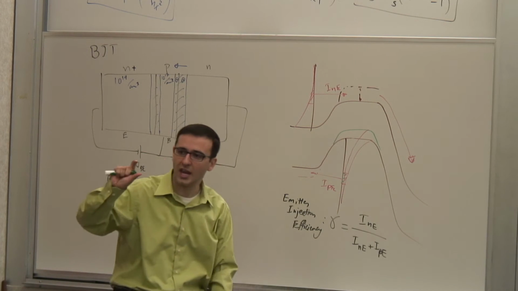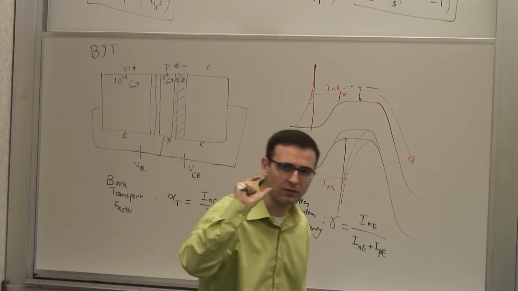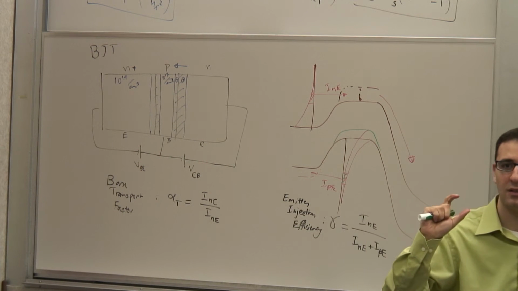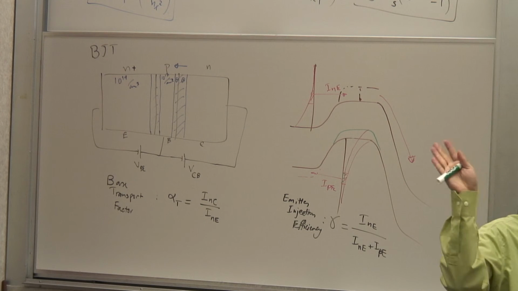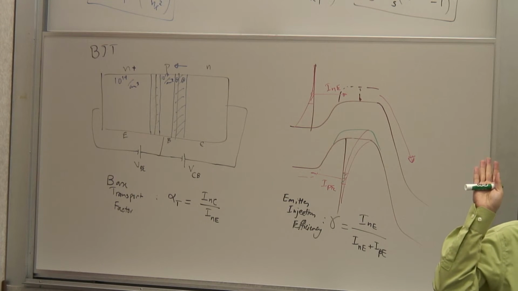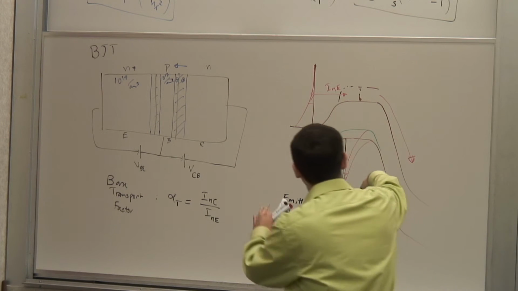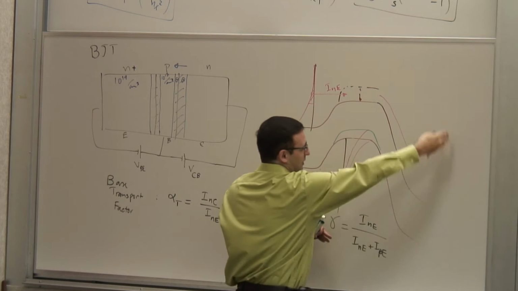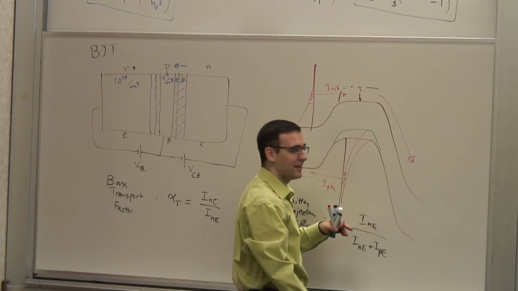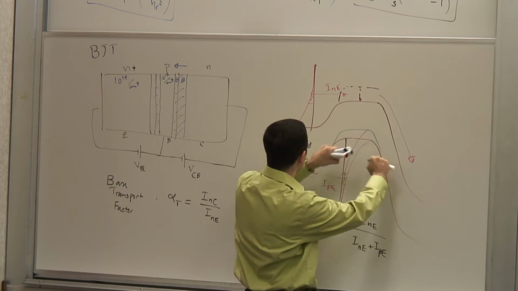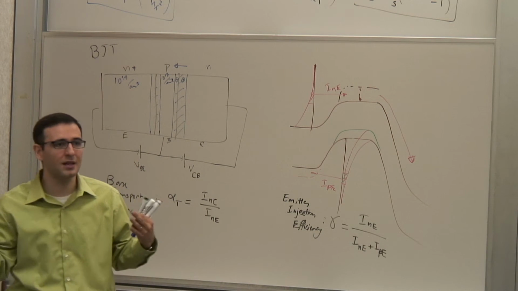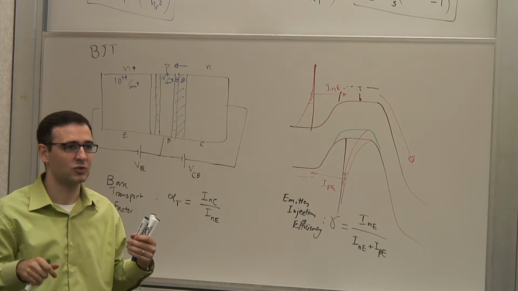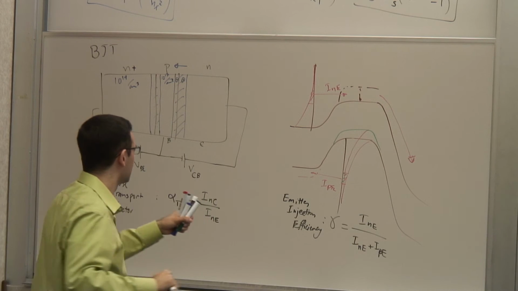So even a slight change, several tens of millivolts difference in the built-in potential for the holes and electrons can make orders of magnitude difference. So you don't need to make it. Actually, all of these pictures that I'm showing, of course, it depends on the vertical units, but it's very exaggerated. All of these differences are on the order of several tens and maybe hundreds of millivolts. Or not several tens of volts on this side at least.